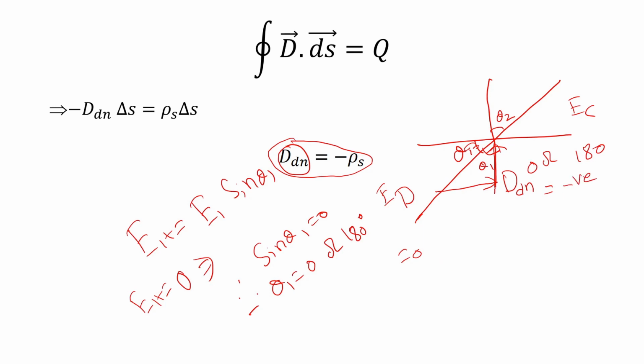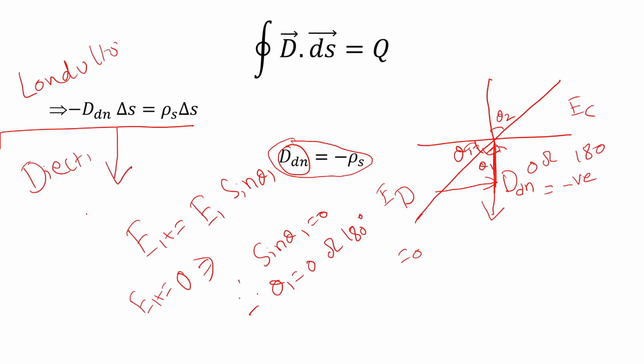That means the electric field is not going in this direction, but the electric field is being reflected back. That is, if you have a dielectric conductor dielectric interface, the electric field would always be directed away from the interface.